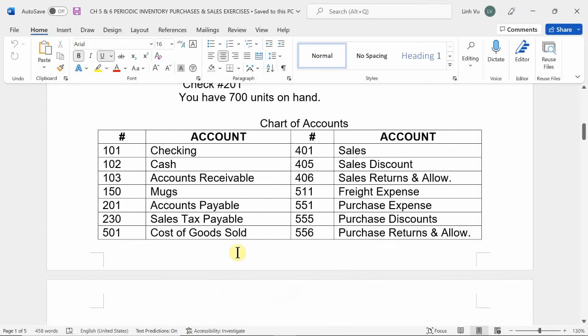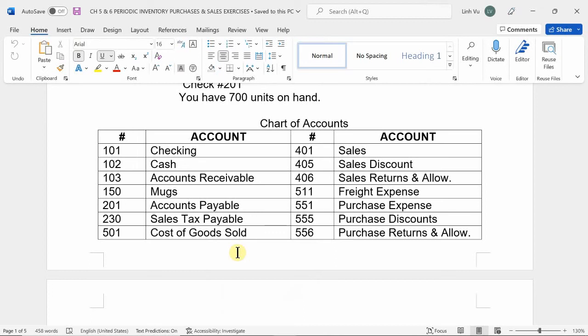Okay, you be cash. Sales. Good, 401. And what else do you normally have to do when you sell a product in your store?